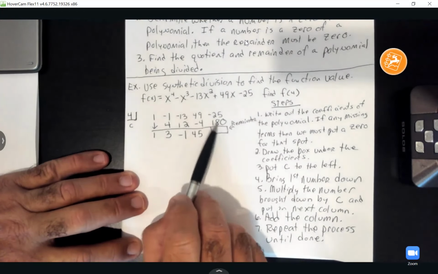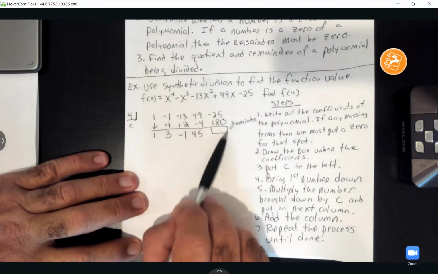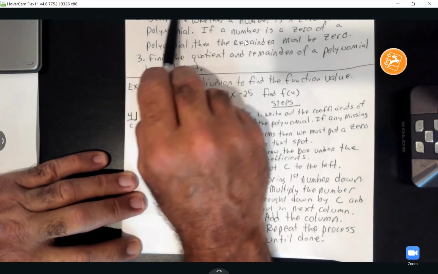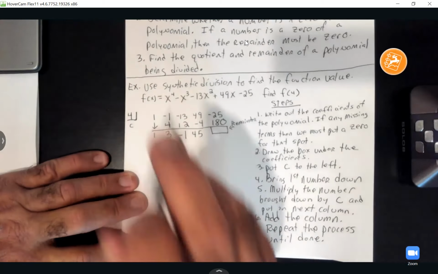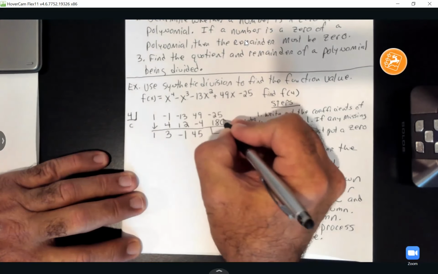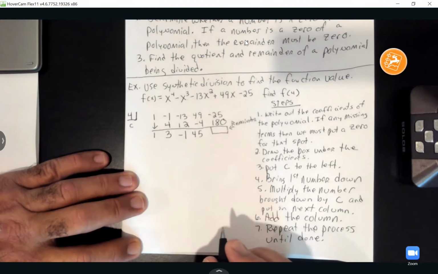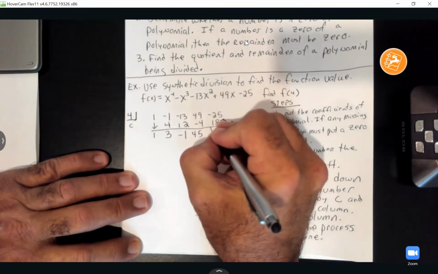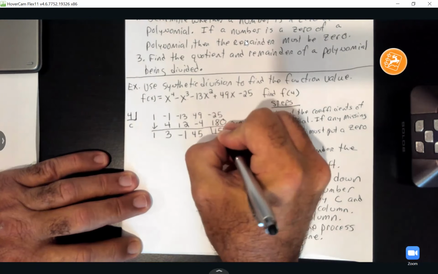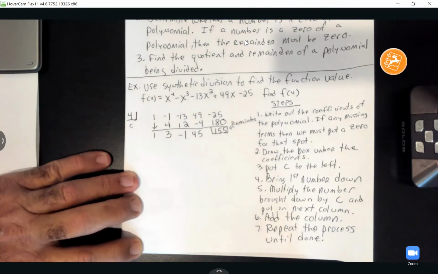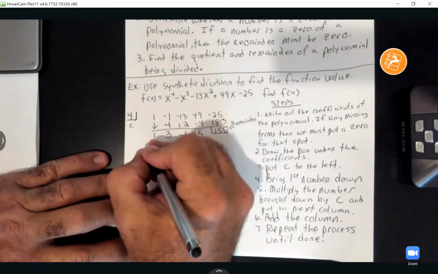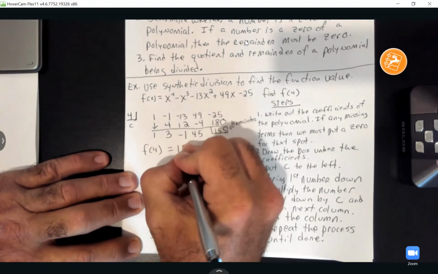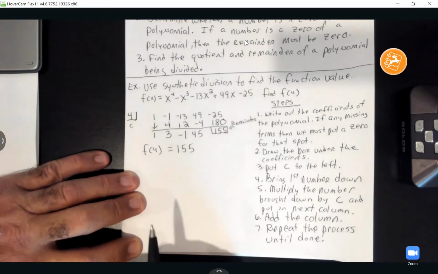So y'all, once I add this last column, I'll have my remainder. And remember, we said up here, the remainder is equal to the function value. So let's see, 180 and a -25. What's that giving me? 155? Which means f of 4 equals 155.